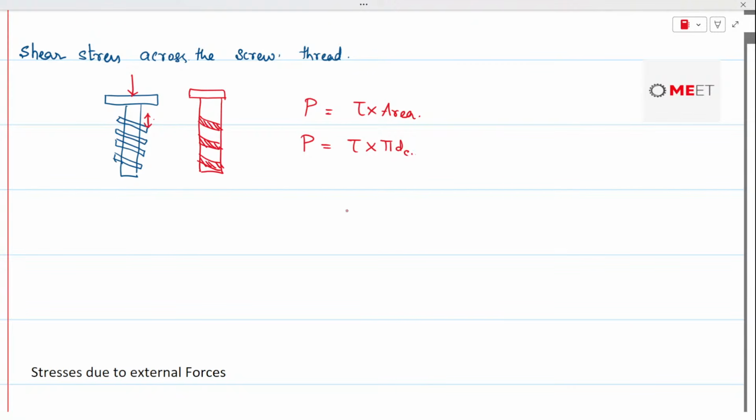From there only the failure happens. So pi into dc into thickness. This will be the lateral surface area that is going to get sheared off, into the number of threads over which it will be distributed. So this is for the bolt calculation.